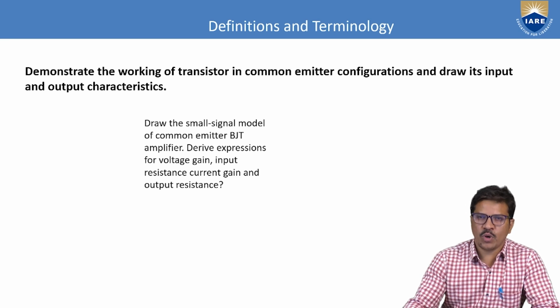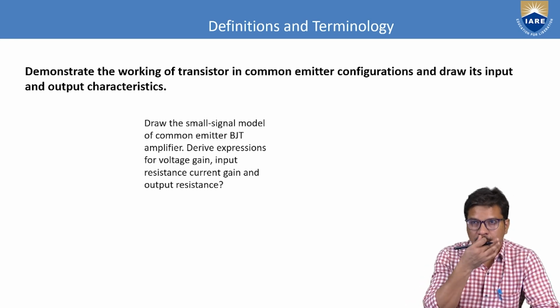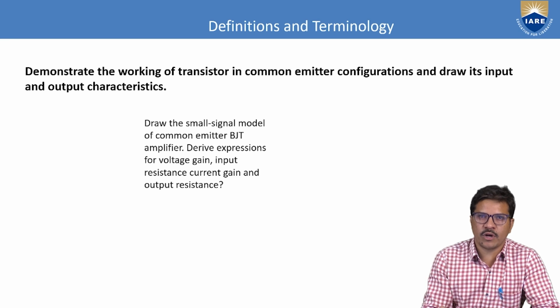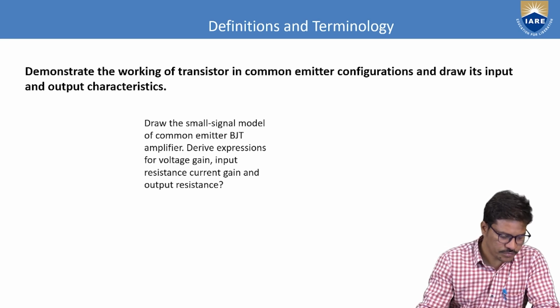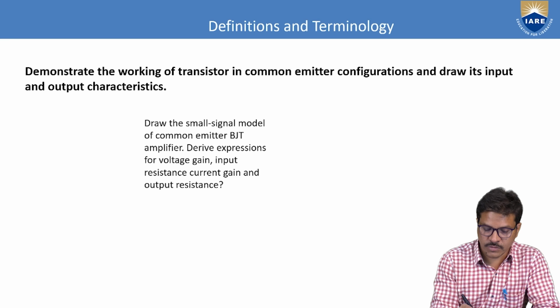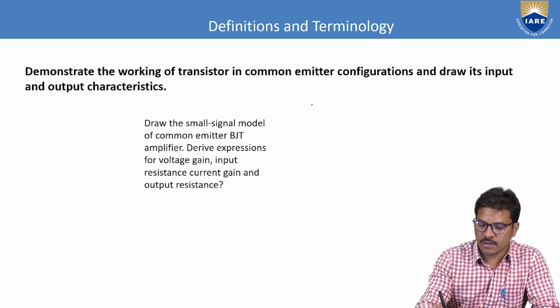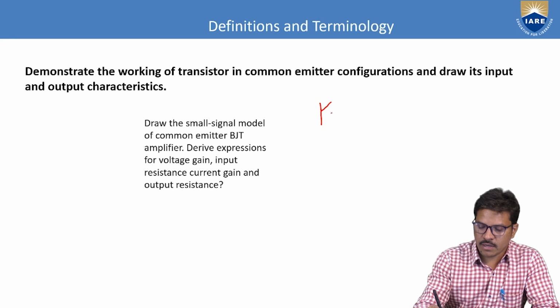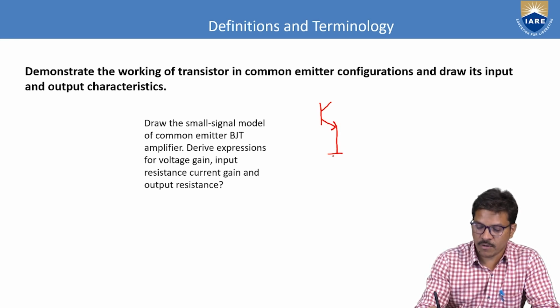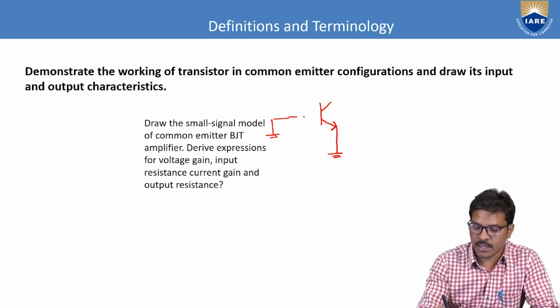Now let us see a simple circuit diagram and how to remember the input and output characteristics. In the common emitter configuration, the emitter is connected to ground and the input is connected to the base. We provide the supply, and the input must be forward biased.